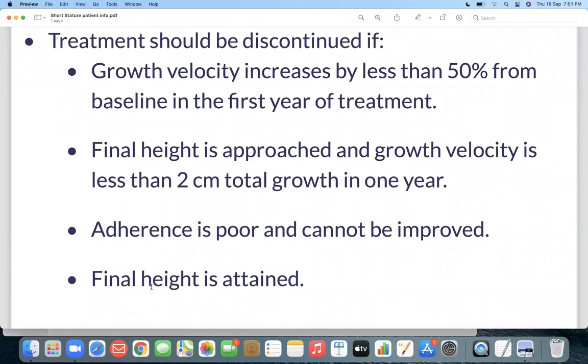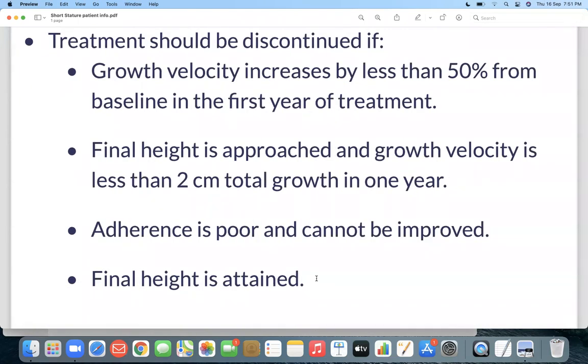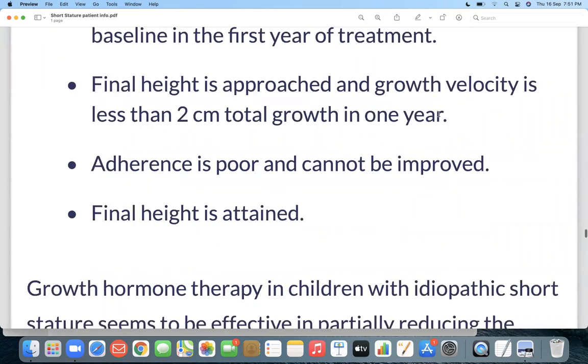That is poor compliance, difficult to improve. Then final height is already attained. Means if there is closure of the epiphysis, you cannot continue it. So you should know when you should discontinue growth hormone therapy. Less than 2 centimeters growth throughout the year, and poor compliance that you cannot improve, and final height already attained. One more thing is growth velocity increases by less than 50% from baseline in the first year of treatment.